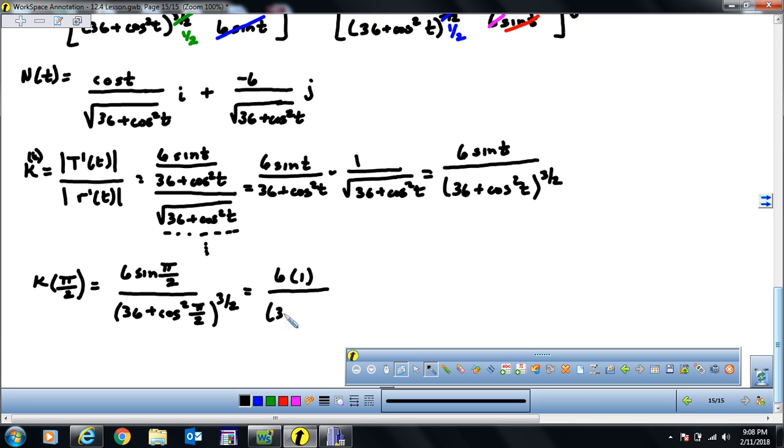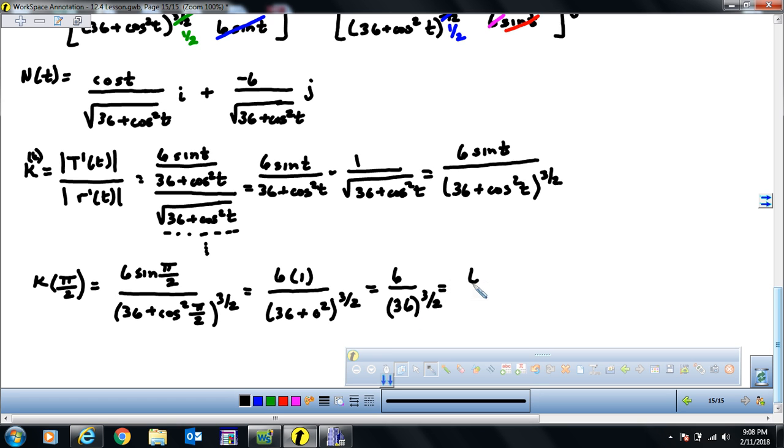So that gives us 36 plus 0 squared, and that raised to the 3/2. 6 times 1 is 6 over 36 plus 0, which is 36. 36 raised to the 3/2 means the square root of 36, which is 6, raised to the third power. That means 6 times 6 times 6, so that would give us 1 divided by 6 squared, which is 36. If we reduce the powers here, that gives us a 2 on the denominator, 6 squared, which is 36. So 1 divided by 36 is the curvature, and so the radius of the circle of curvature at that given point is going to be 36.